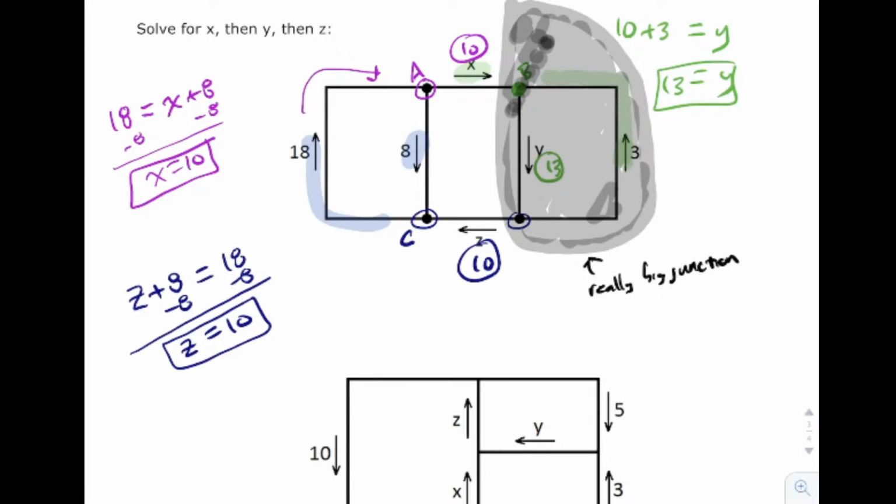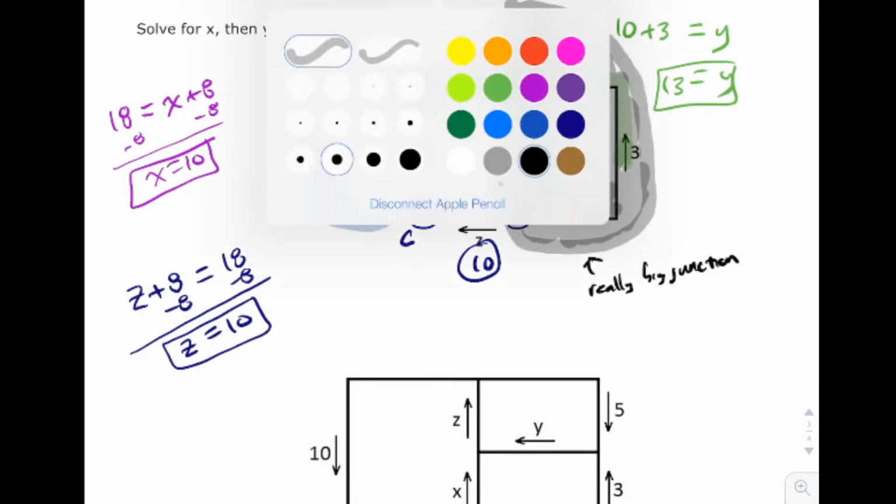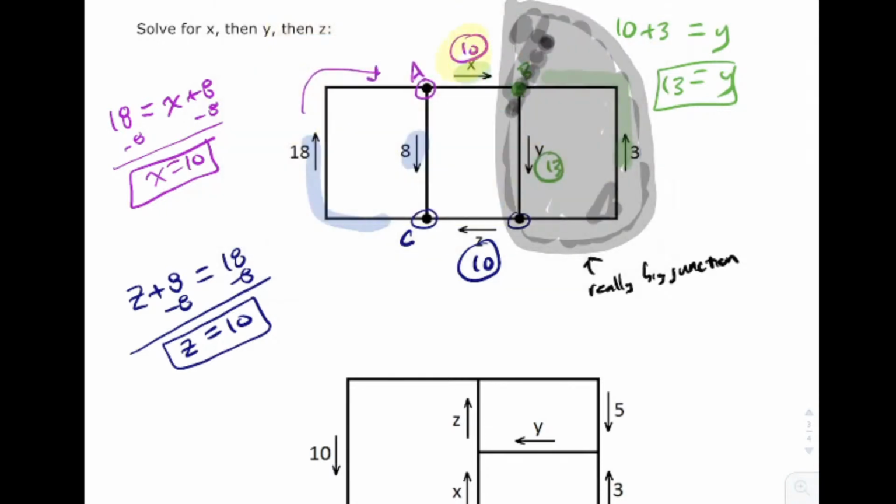Well, then what's going in to the junction is 10, and what's coming out of the junction must be the same. The 10 going in at the top must be balanced by the 10 coming out the bottom. So that's a handy little trick that you might use sometimes.